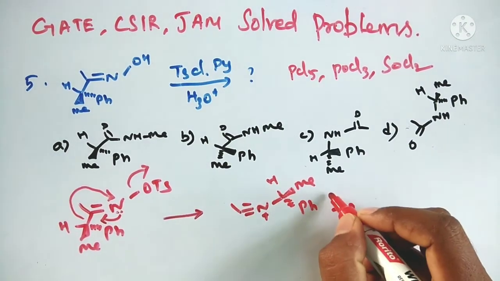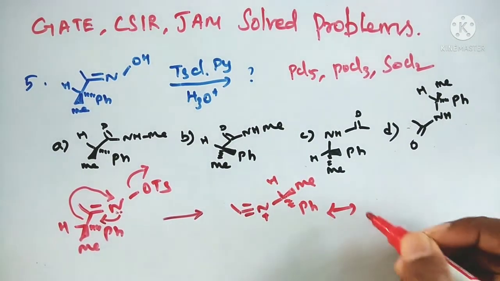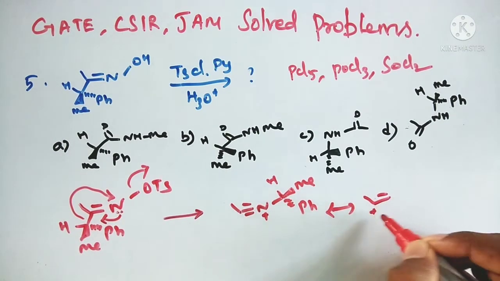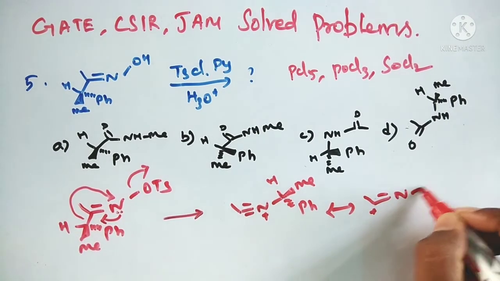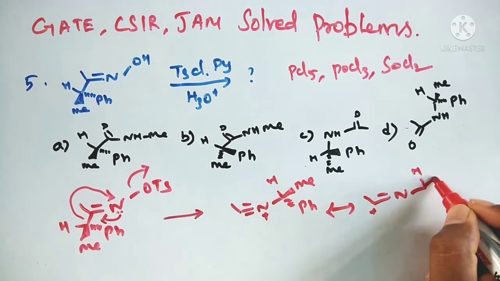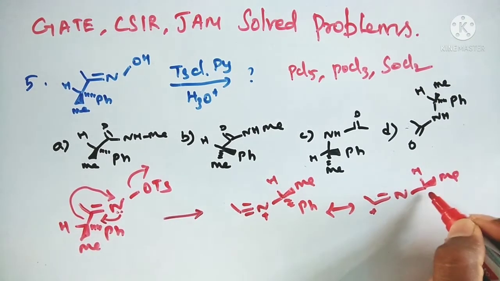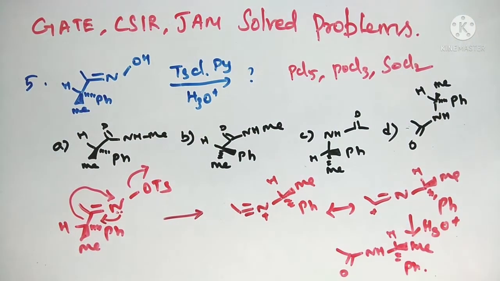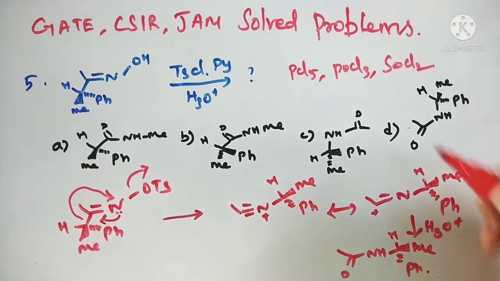So next step is we can rewrite this structure, plus N H methyl phenyl. Hydrolysis gives the amide product. Our correct answer is D.